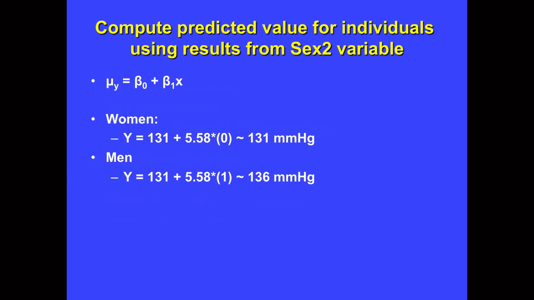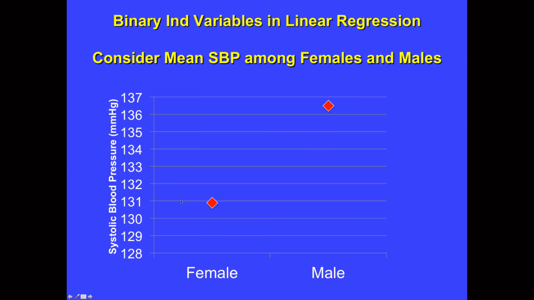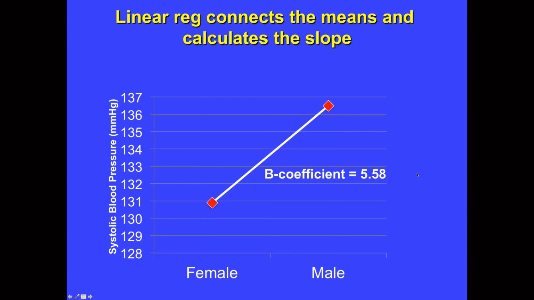So if you just took the results from our regression equation from the sex2 variable and plugged it in, you can calculate that the mean value of systolic blood pressure among women is about 131, and the mean value among men is 136, using this formula. And you could think of it graphically in this nature. So here are the females and here are the males. This is simply plotting their mean systolic blood pressures that we derived from the regression equation. And if you connect those lines and calculate the slope, that's the regression coefficient.